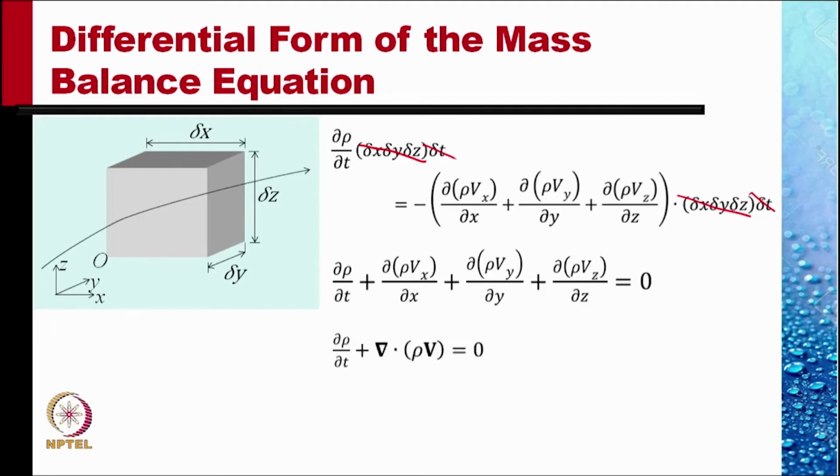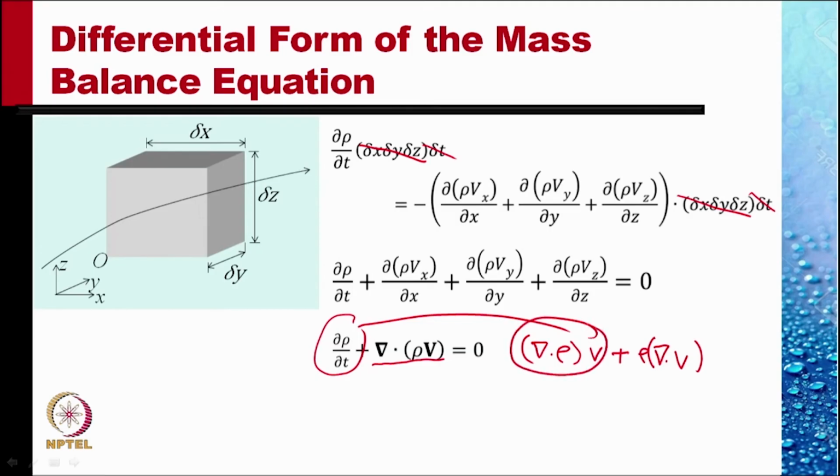In vector form, we can write this as del rho by del t plus del dot rho V. This can be expanded into del rho by del t plus V dot del rho plus rho del dot V. But the first two terms, what are they?